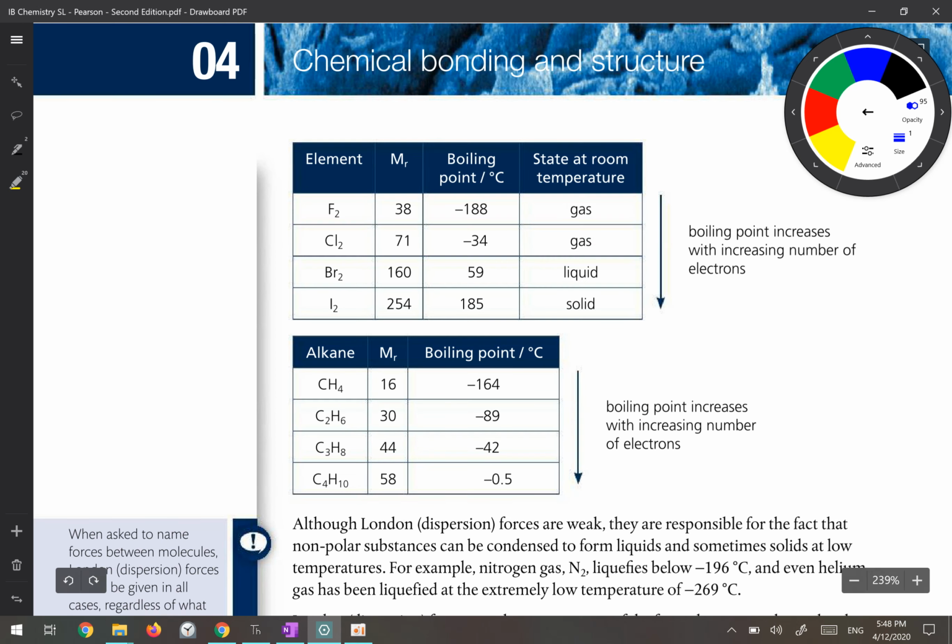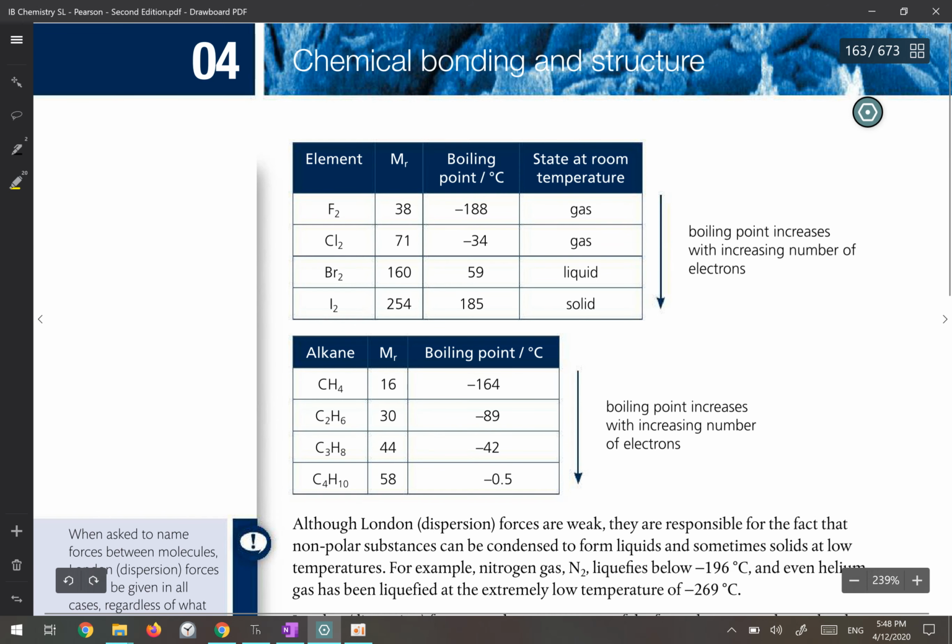It's shown in these tables that you have here. Look at the first table. What do you have in the first table? You have the halogens: fluorine, chlorine, bromine, iodine. You know that when you go down the group, the molecule becomes bigger and the molar mass increases. As the molar mass increases, look at their boiling points: negative 188, then negative 34, 59, 185.